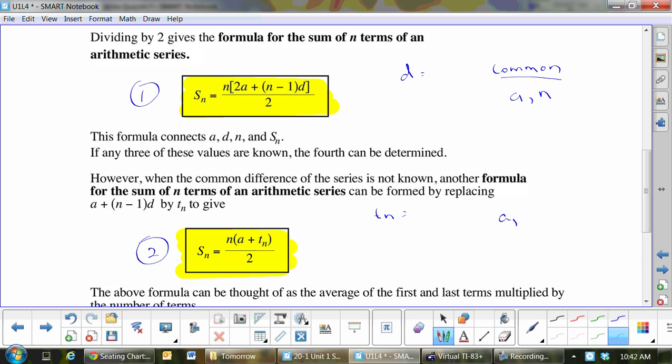N. You need N. You need the number of terms for both of them. And also, Sn is common. Remember, Sn is a variable, just on the other side of the equal sign. So if they give you A, right away you don't know which formula you're going to use. If they give you N, right away you don't know which formula to use. If they give you D, use formula 1. If they give you A_n and T_n, use formula 2. Okay? So that's the first thing we need to know.